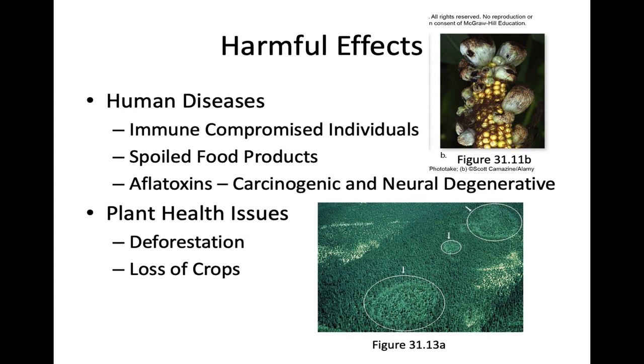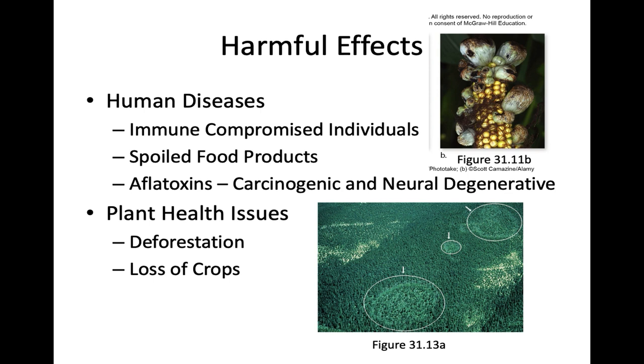So they think that the hallucinogenic effects of this ergot fungus that grew on the grains that people were eating in New England caused them to have hallucinations and led to the Salem witch trials. So fungus might have been involved in the Salem witch trials. Isn't that crazy?